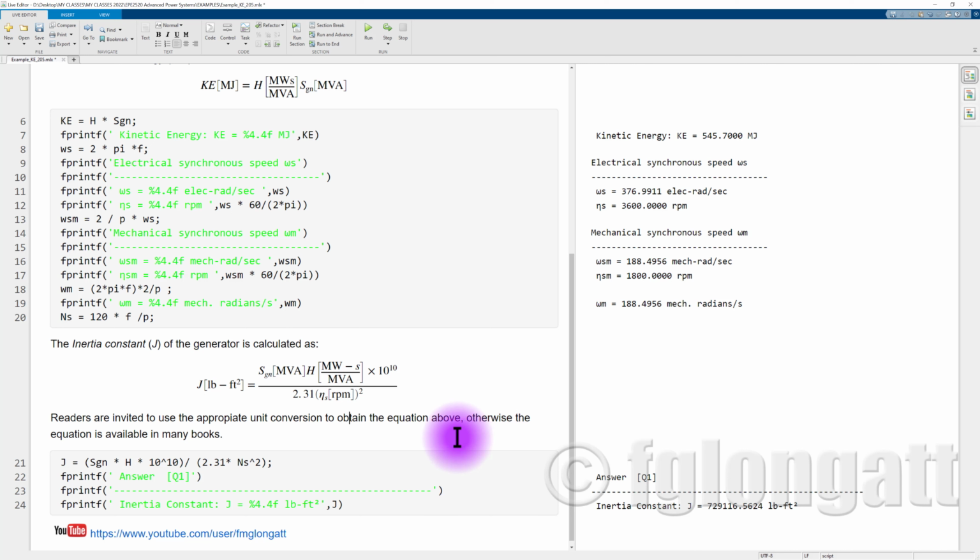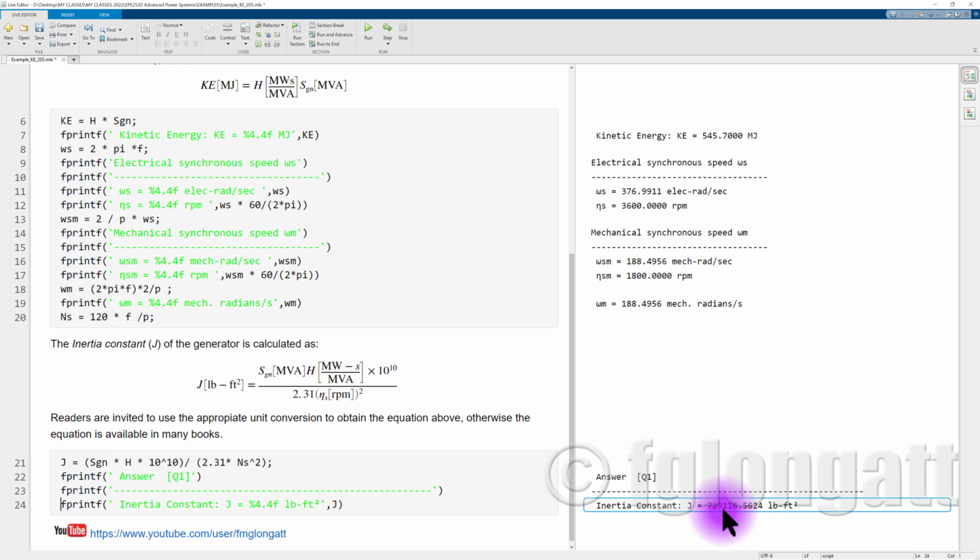Otherwise, you can see that the equation is already available in many books. You can go to Paul Anderson, you can go to Kundur, you can go to Kimbark. There are many books where you can find that equation. I highly suggest to my students to go to those books, follow the unit conversions and have a look at that, okay?